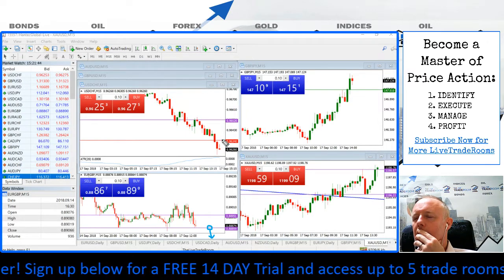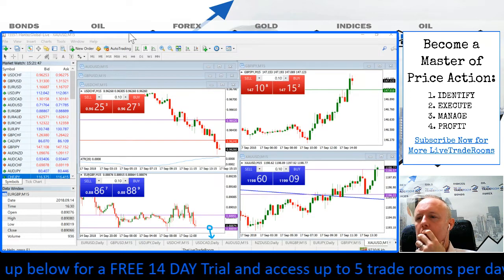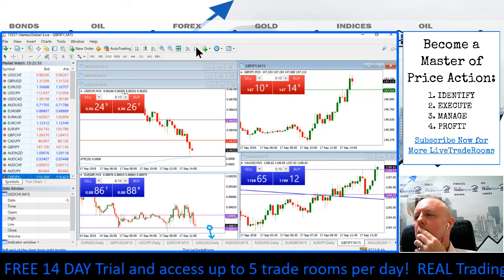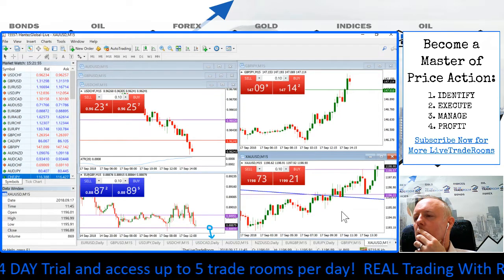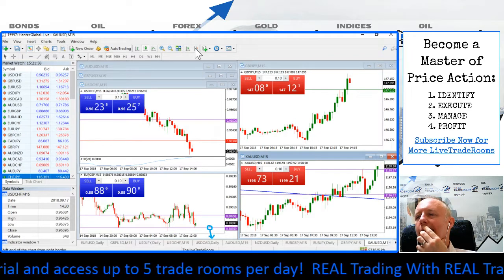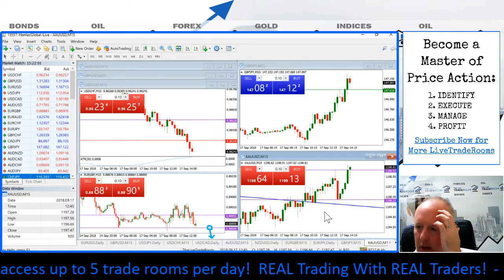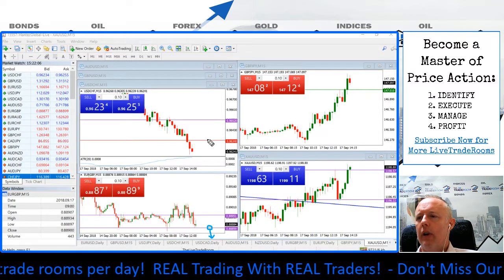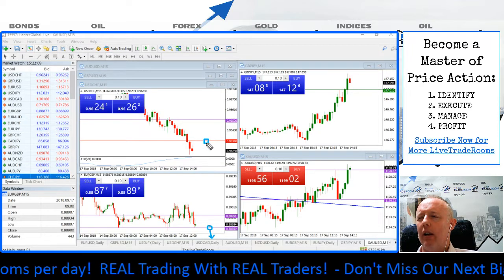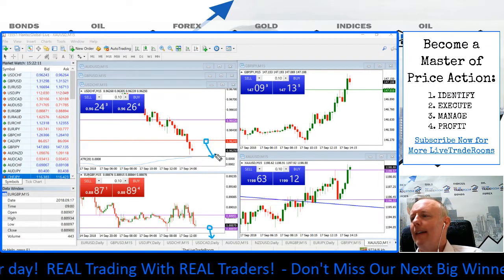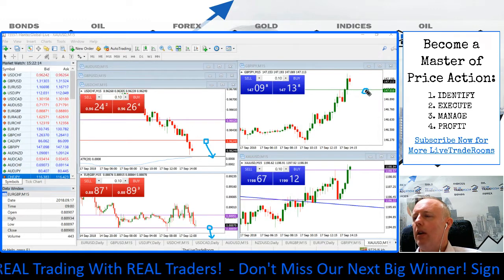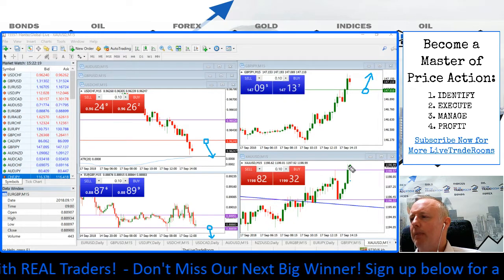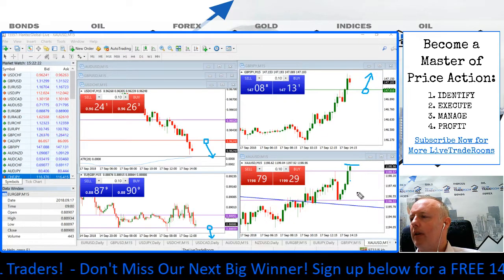We'd like to sell, so we're looking for an opportunity to maybe sell this market in and around this level in here. We can buy the pound yen from these lows, and we've seen a bit of a rejection of these highs now as things stand.